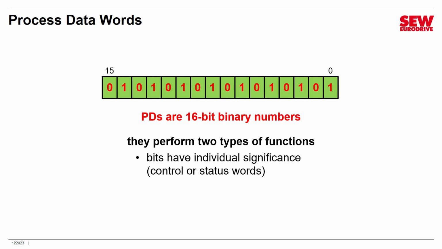Now, the second type of process data word, the bits form a single number. In other words, all those binary bits together represent a value. We call these parameter words. They could, for example, indicate the speed at which the VFD is to rotate, the amount of current that it's drawing, things like that. So we're going to see both of these types because you use both of them when you're controlling a VFD with process data words.